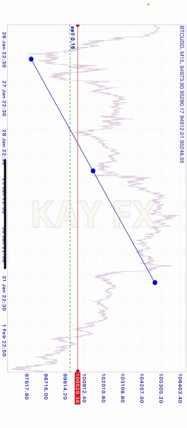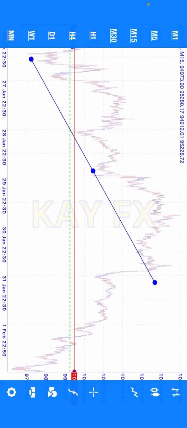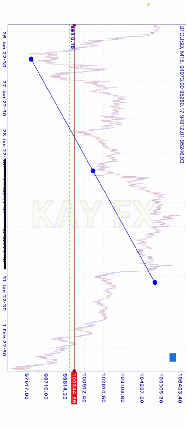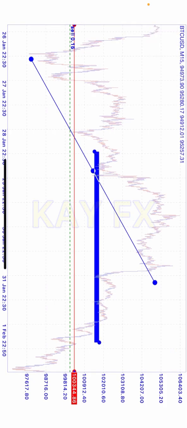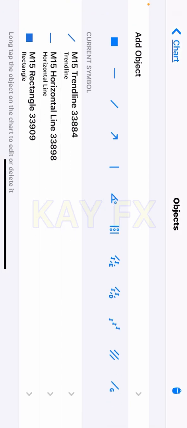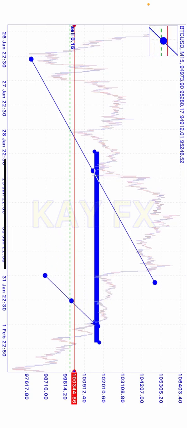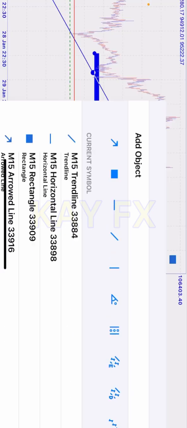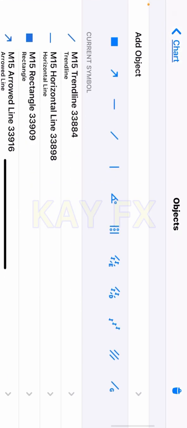This is the zone that I was waiting for after this level was broken, and this was a strong support, because you can even see how many times the market price has been testing it. You can see that it wasn't easy. It had to go and create different resistances in order for the price to break down.